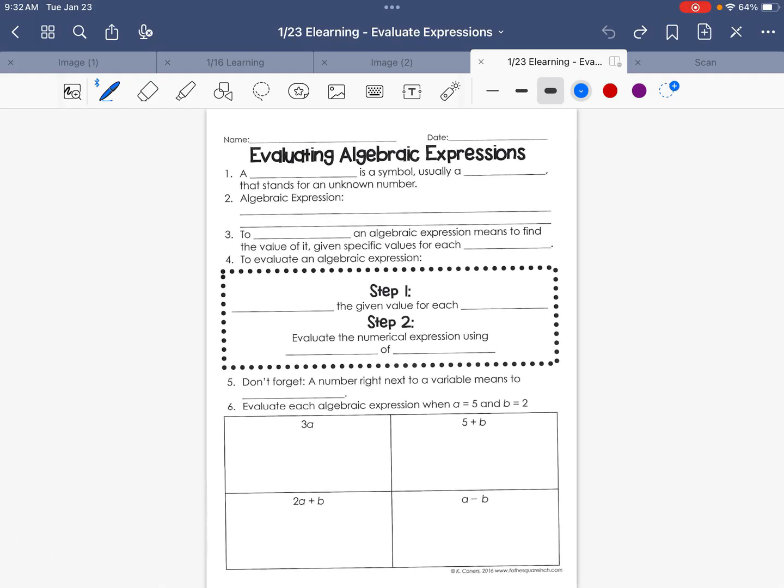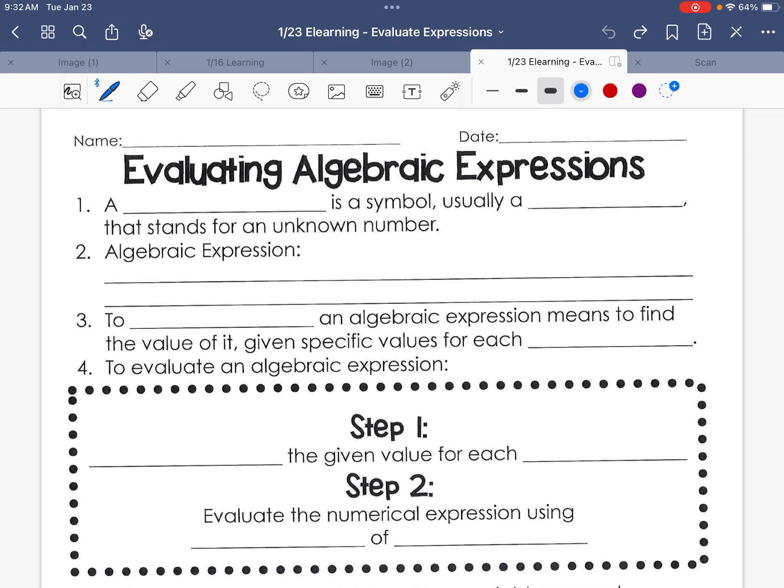So if you recall, a variable is a symbol, usually a letter, that stands for an unknown number.